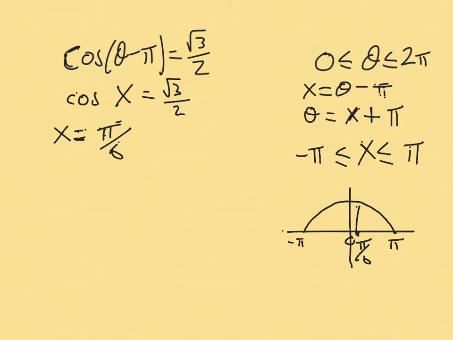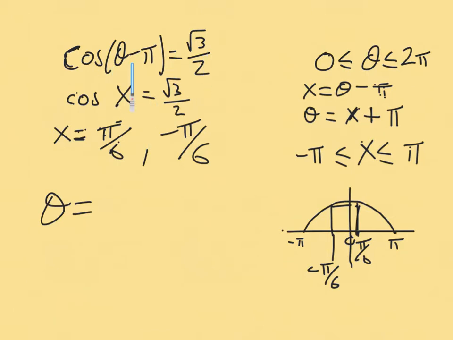That other solution has got to be negative pi over 6 because of the symmetry around 0 with the cos graph. And we can see in the range of values for x, there are no more solutions. So we just adjust our values to get our solutions to the actual equation, the actual equation back up here.